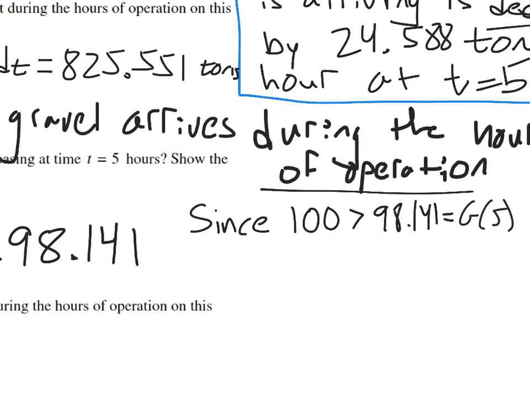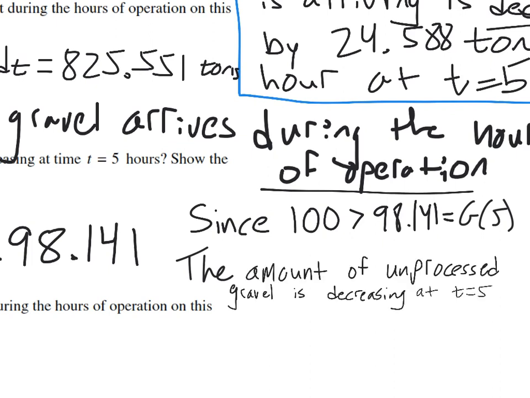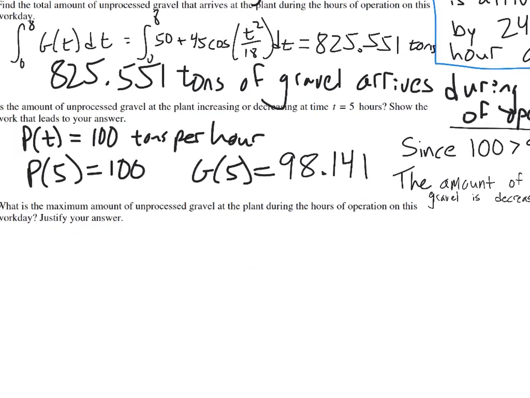So it's decreasing. So the amount of unprocessed gravel is decreasing at t equals 5. Do remember to be specific about the time. It's just at this time, understanding that it's time specific. All right, so that's the idea there.